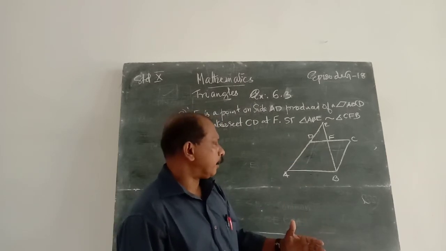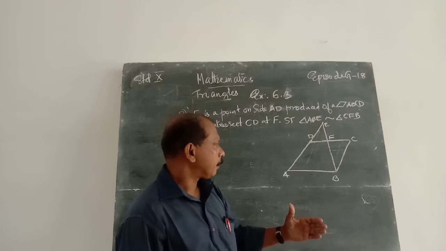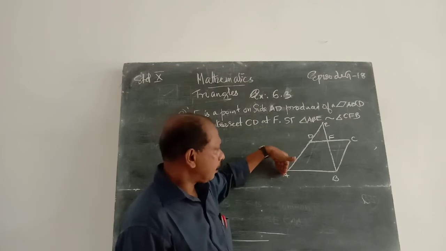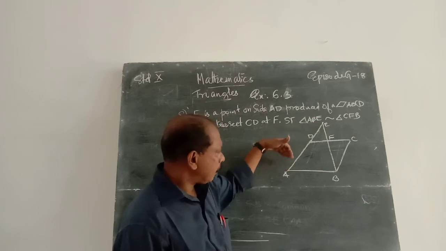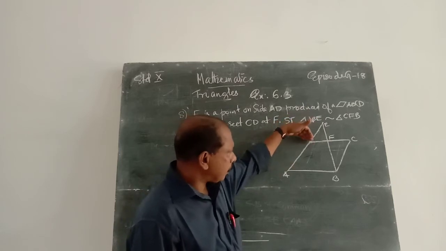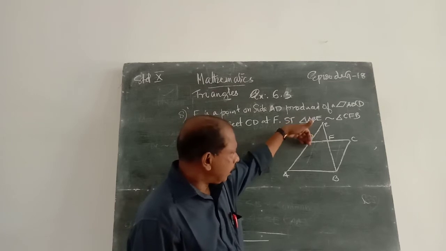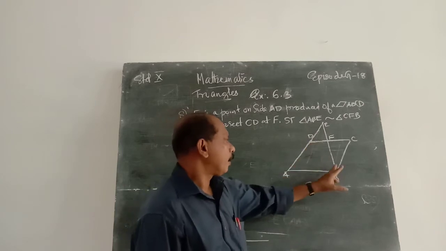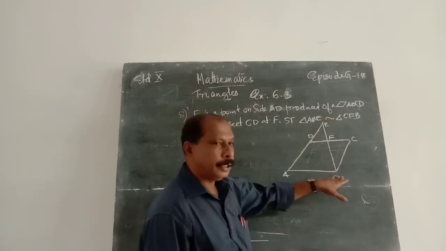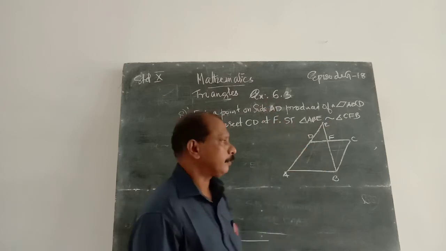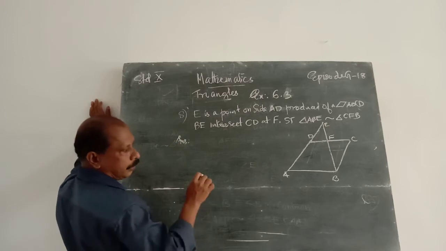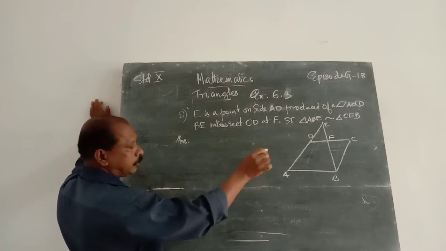By basic proportionality theorem, AE by DE is equal to EB by EF. That means, what is the answer? AB is parallel to CD.